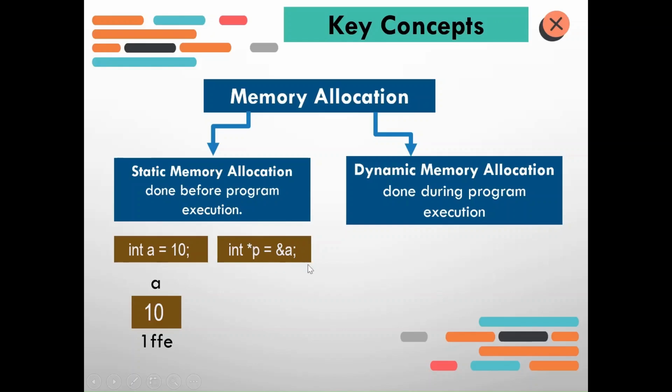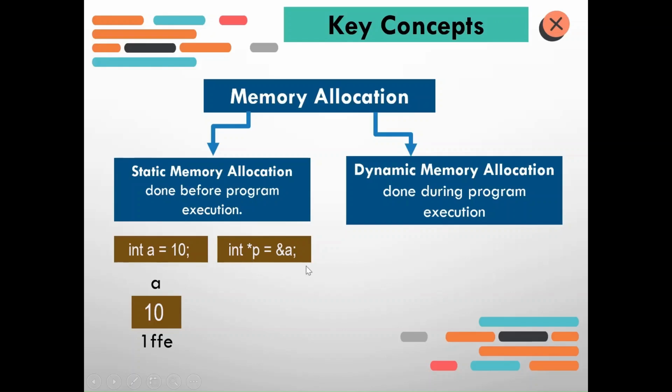Second, and the most important thing, is that since I am assigning the address of an integer, since a is an integer variable, that pointer variable should also be declared as an integer.